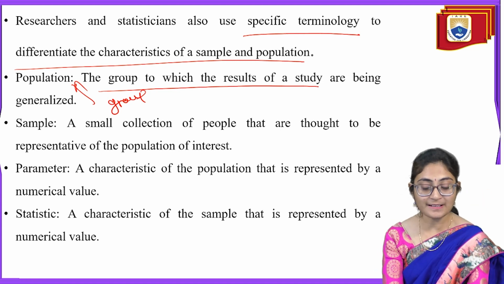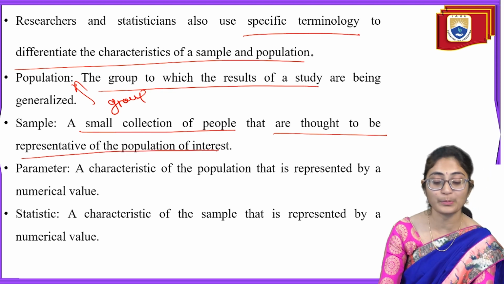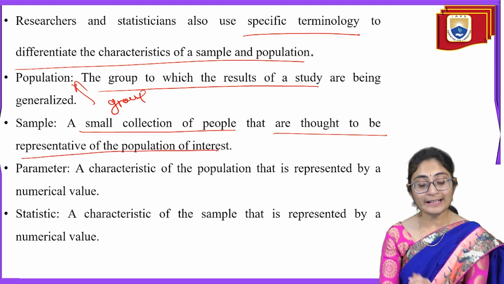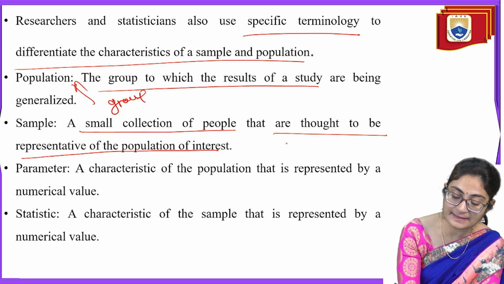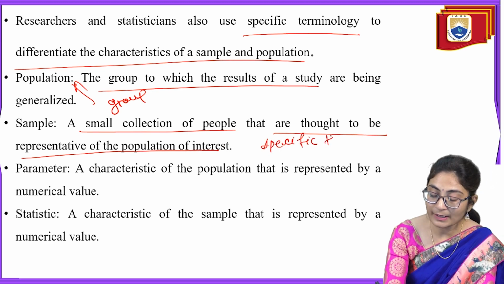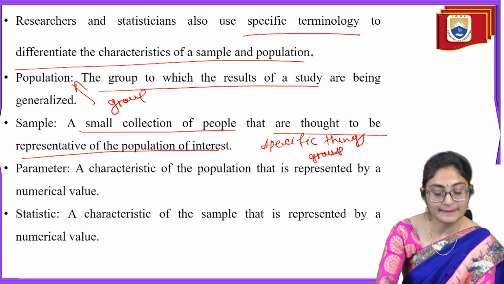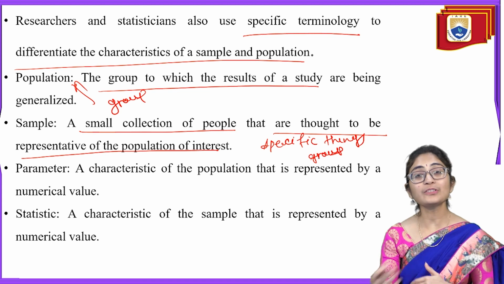And a sample is a small collection of people thought to be representative of the population of interest. That means a sample is a specific set taken from the group. This is your sample.